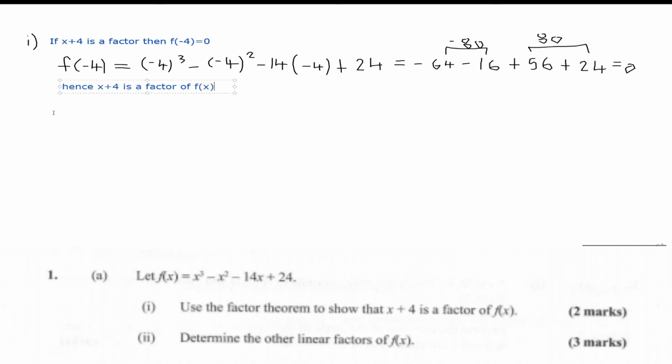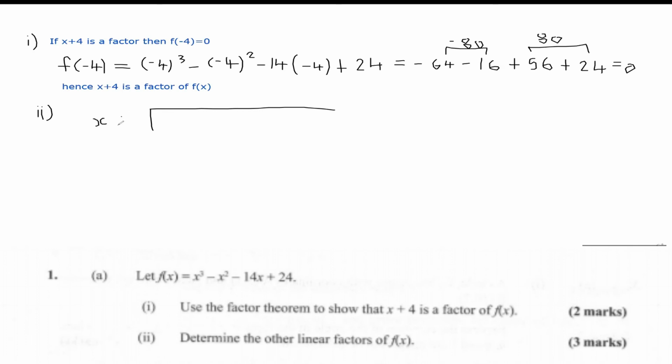Now that we've gotten that out of the way, let's look at part 2. Part 2 goes further and it asks us, determine the other linear factors of f of x. So to determine the other linear factors of f of x, we can do it using synthetic or polynomial long division. I prefer polynomial long division, but many persons do synthetic division, so it's up to you.